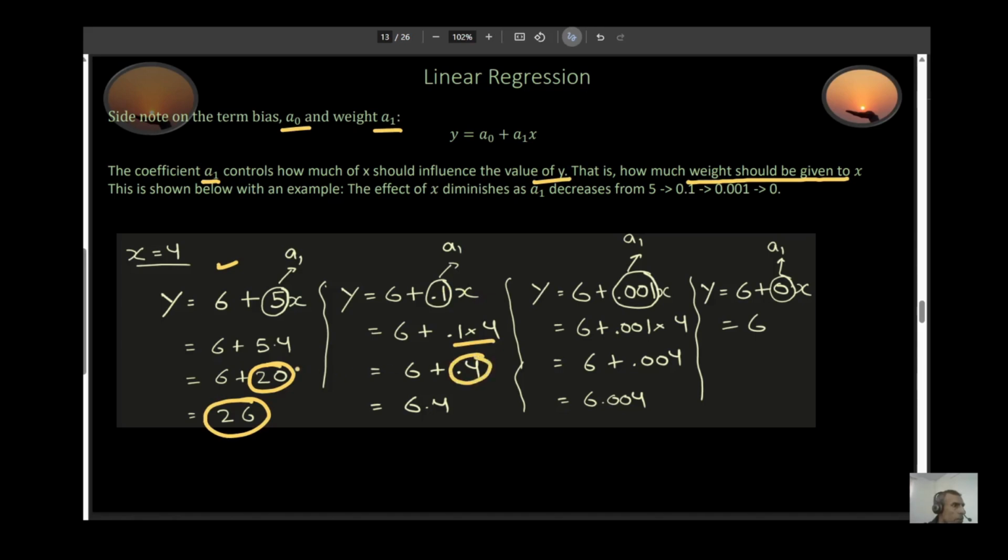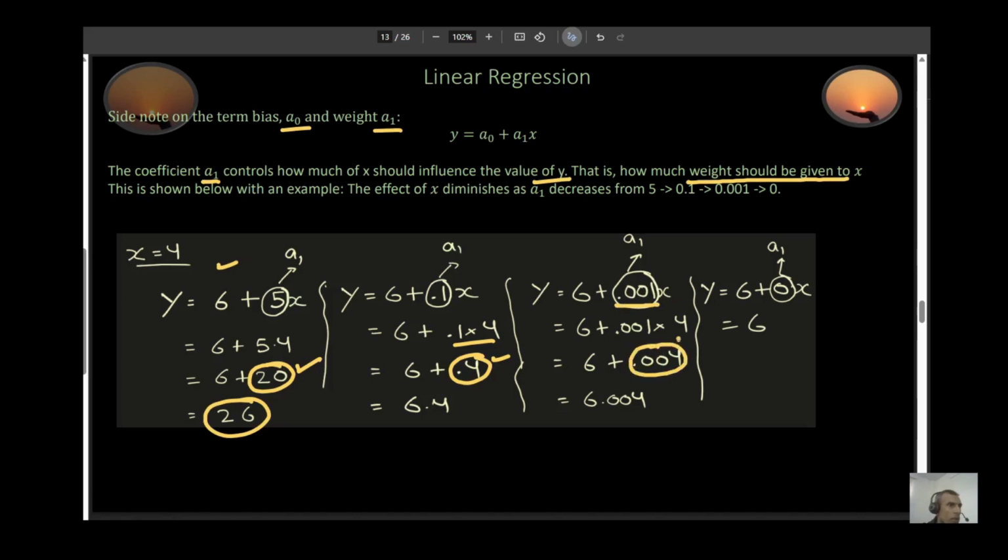You see, it went from 20 to 0.4. So your amount of x, which was 4, has become smaller because of the presence of this a1, which is 0.1. Now let's look at this one. In this case, my a1 is 0.001. So when you multiply 0.001 by 4, your answer will come out to be 0.004, which is much smaller than this.